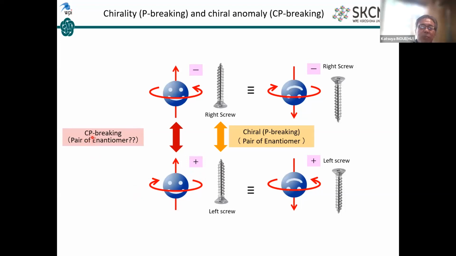Charge and parity breaking means the charge becomes opposite. But with plus spin angular momentum for the positron, the magnetic moment goes down. It looks very similar to the right screw and left screw, but we don't know; this is not the same. Then we have to consider CP violation and the chiral system more deeply.